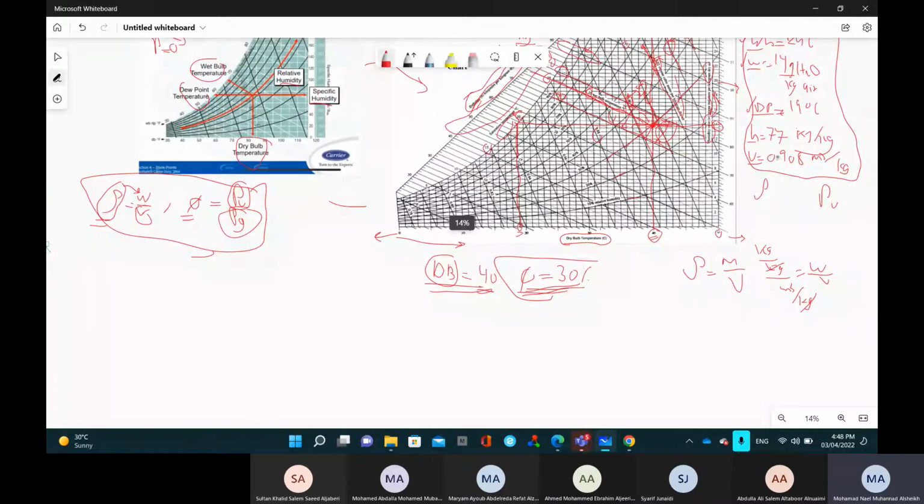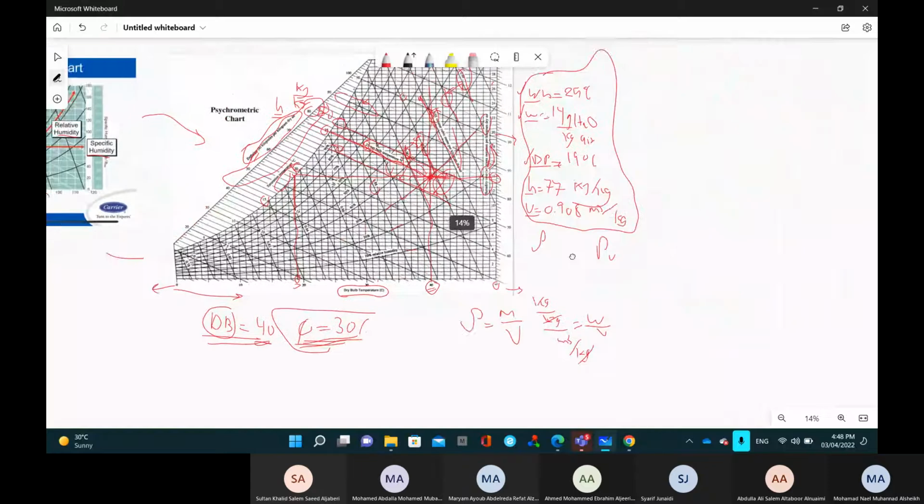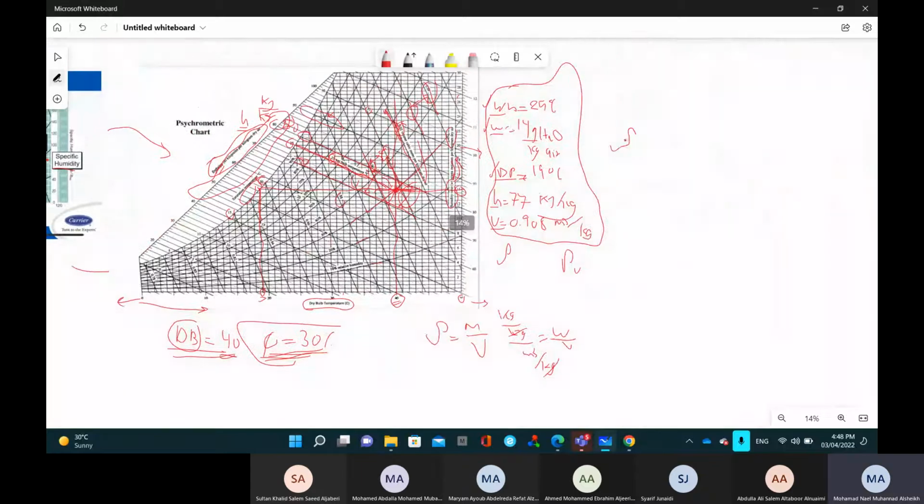So here in this question, W, we found it to be 14 gram, or 0.014 kilogram H2O over kilogram air.